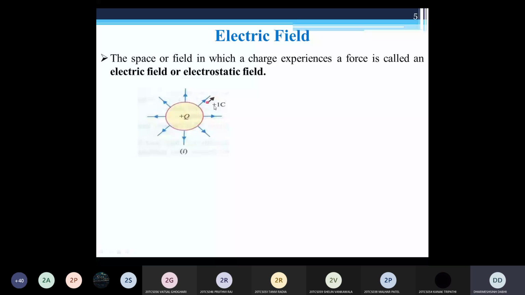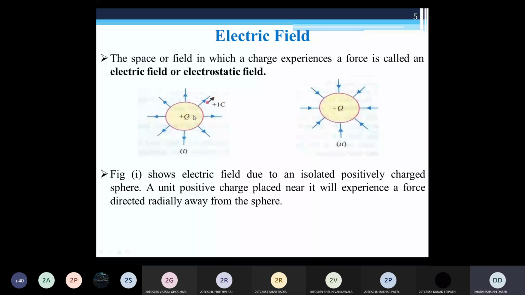In this diagram, for the isolated positively charged sphere, the field is directed away from the sphere.